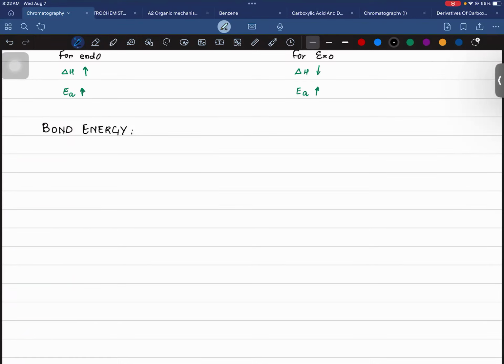The energy required to make or break a bond. Yes, good. So basically, it is the energy released or absorbed.